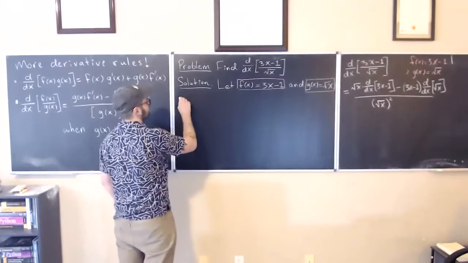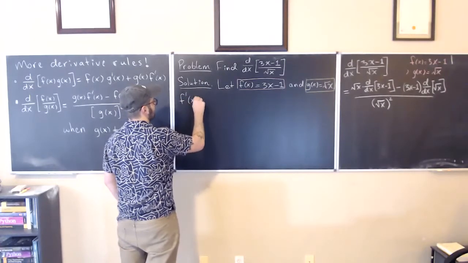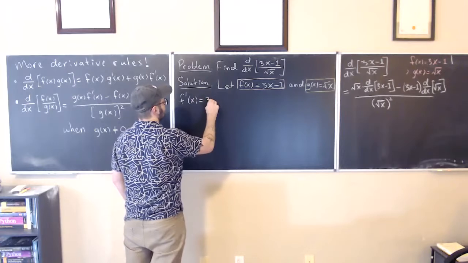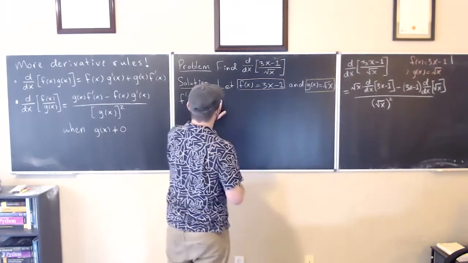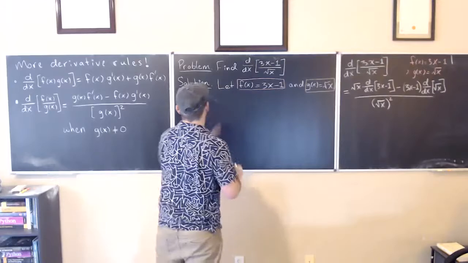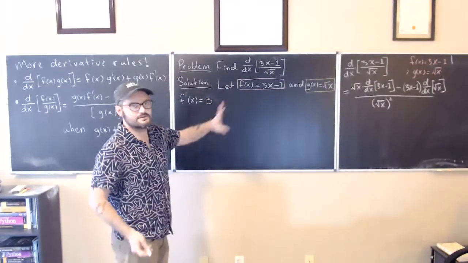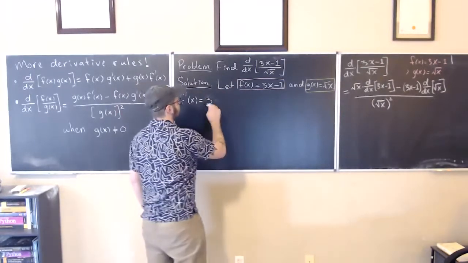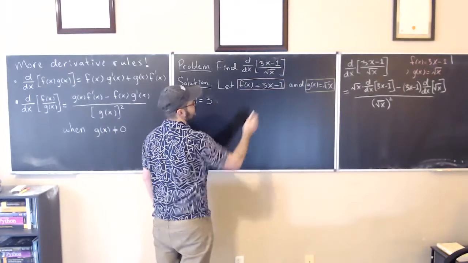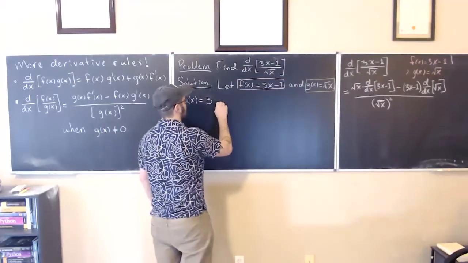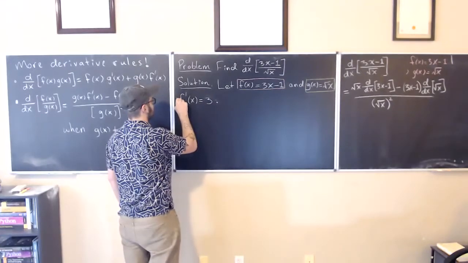So f prime of x is equal to 3x, oh no, sorry. The derivative of this is just 3. Okay, so the derivative of f was easy to find. Okay, so then what about the derivative of g? Okay, so that was easy. We like a star there.